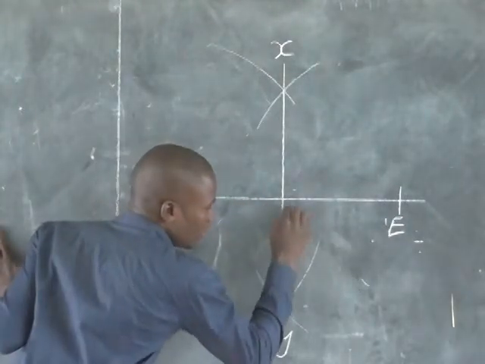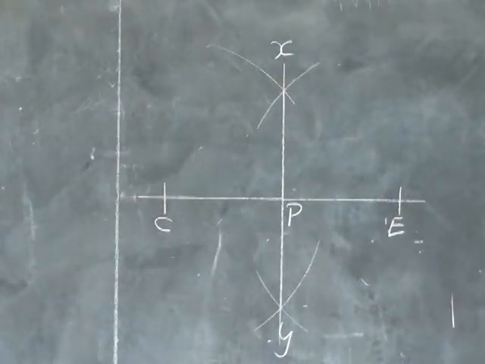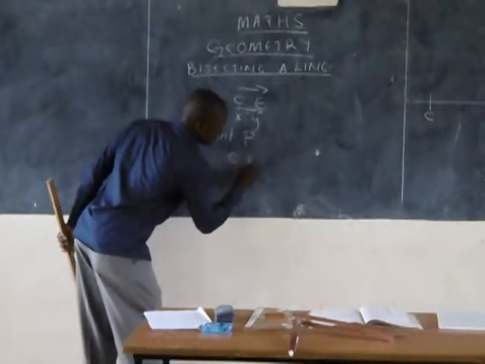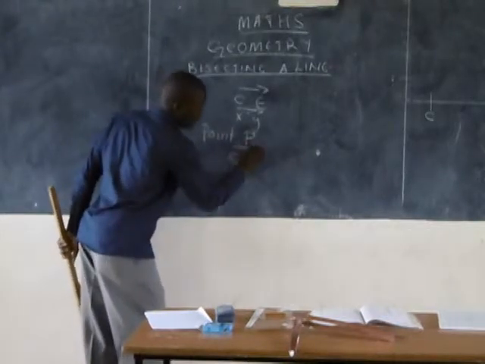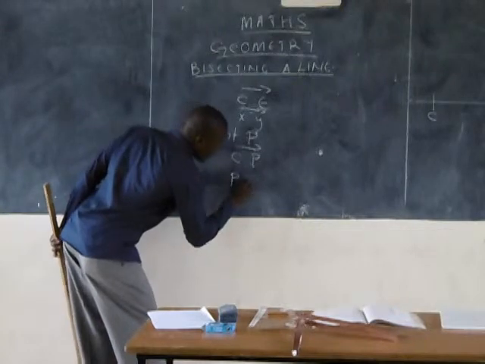That point, let us label it as point P. Therefore, we have another point, P. Because of point P, we have another two lines: line CP and line PE.